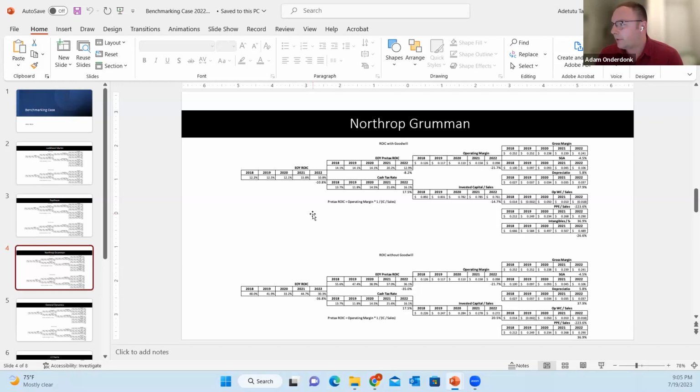The operating margin and invested capital also decreased over those 5 years, with the main contributors being depreciation, which was extremely large, and the change in operating working capital of negative 223% over the 5 years. And that could be contributed to large investments in inventory and things like that during COVID.